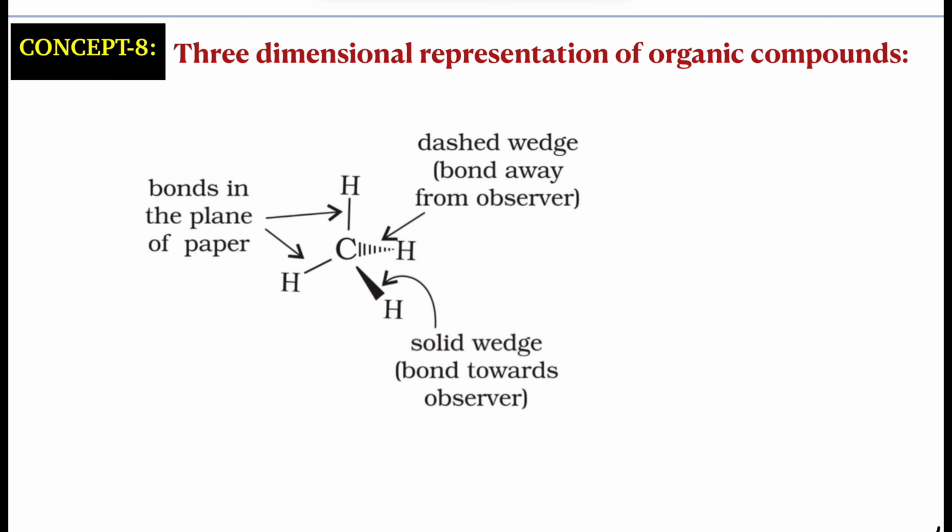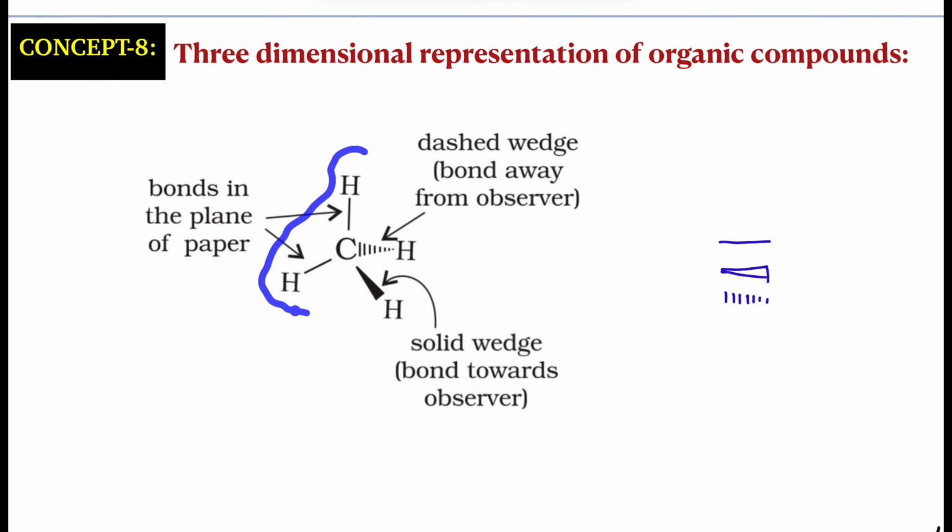So we use three types of bonds here. This is one type of bond, this is a second type of bond, and this is a third type of bond. The groups attached by a normal line are lying on the paper plane, this is above the plane and this is below the plane.